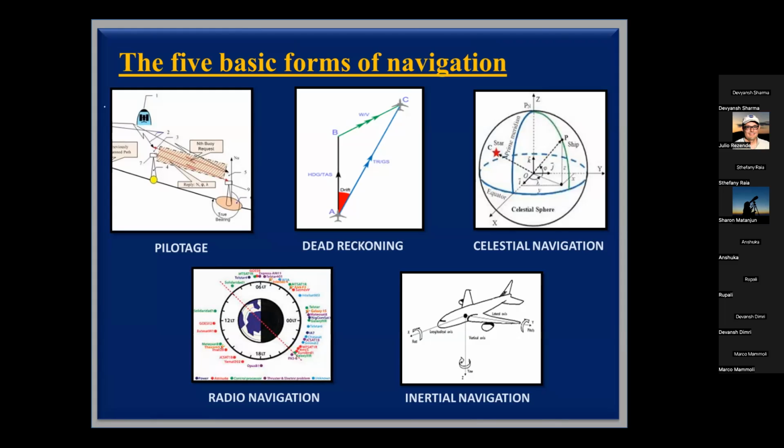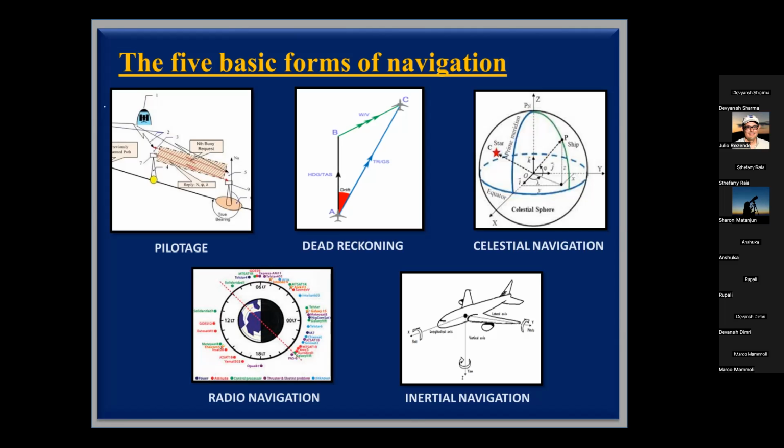Fourth is the radio navigation system, which relies on radio frequency sources with known location, including GNSS satellites, Loran, Omega, Tacan, and the US Army position location and reporting system. The fifth one is the inertial navigation system, which relies on knowing your initial position, velocity, and attitude, and thereafter measuring your attitude rates and acceleration.